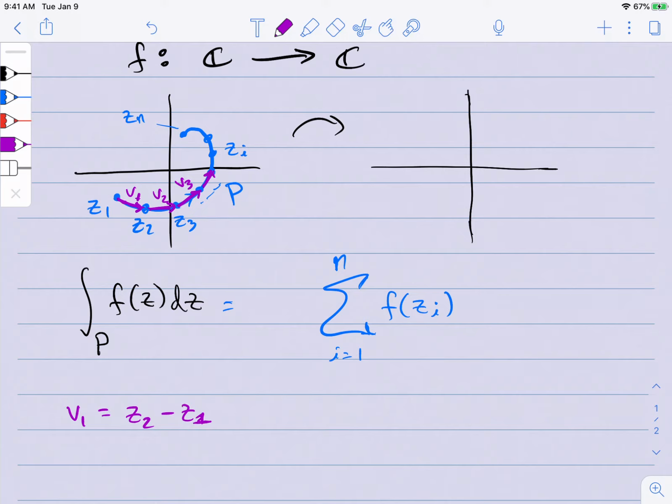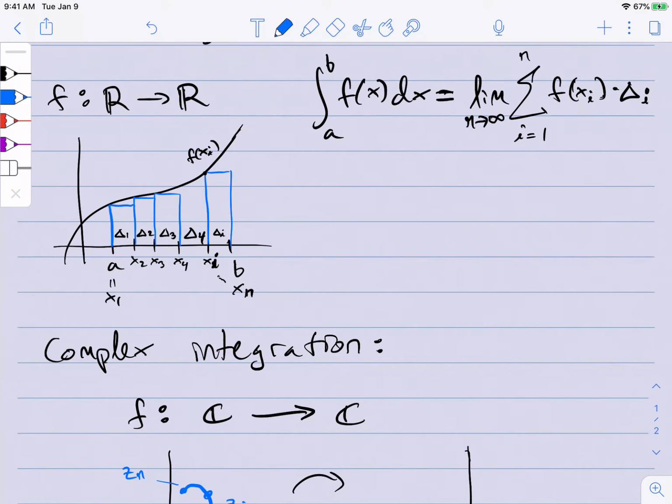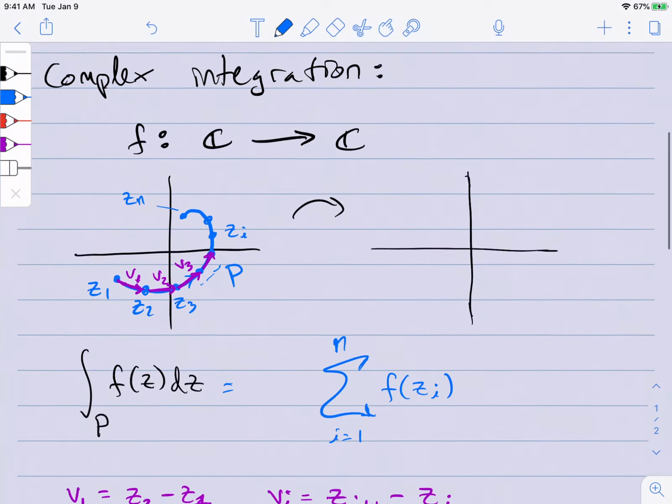And similarly, the general vi is equal to zi plus 1, so the next term, minus the initial term: zi plus 1 minus zi. And that's what's taking the place of these subintervals here, the length of them.